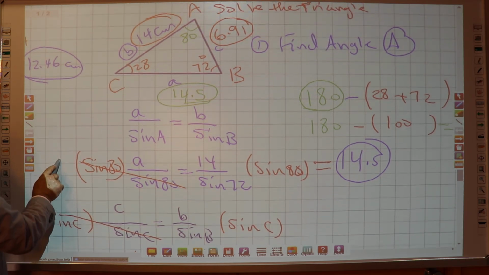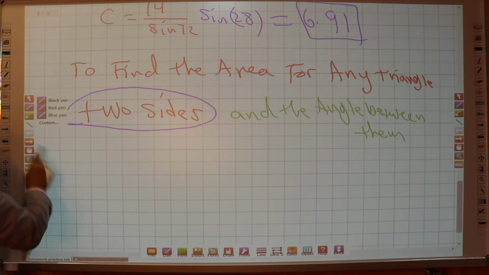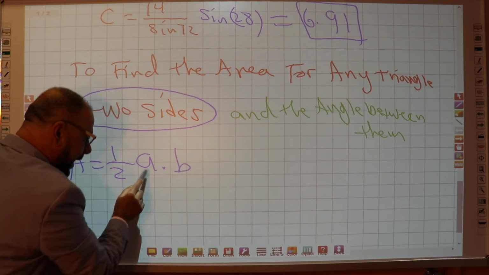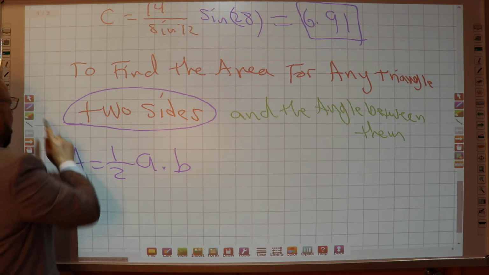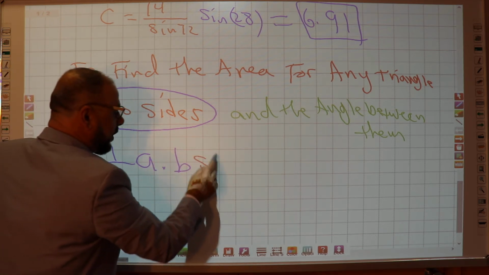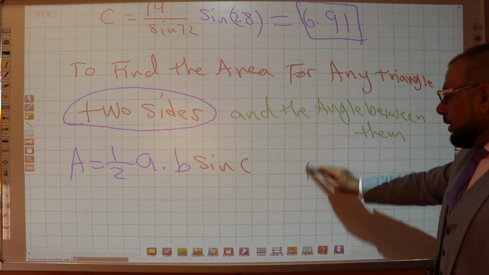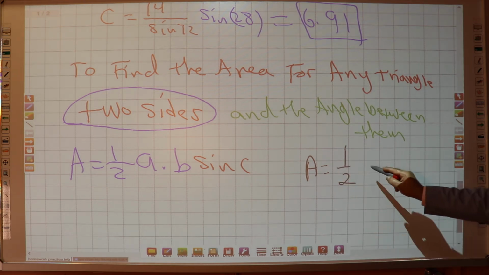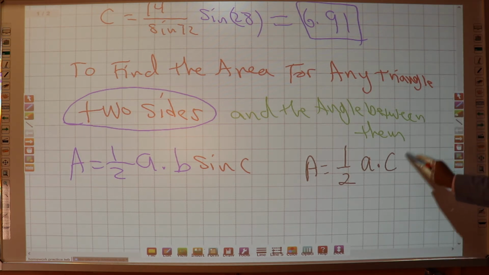Then I need AB and angle C. I can take the area equal half AB, I have the length A, then I have to take the angle sine C. Make believe another student wants to use half A and C. We have A and C, then we need angle what? Sine B. You see how easy it is to memorize it?